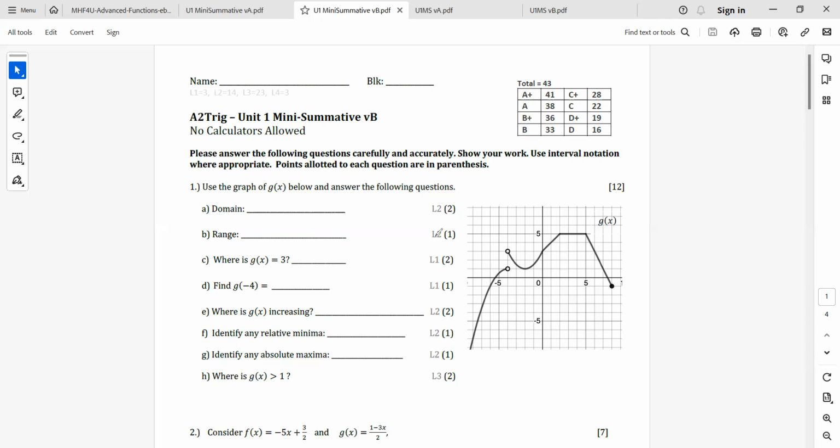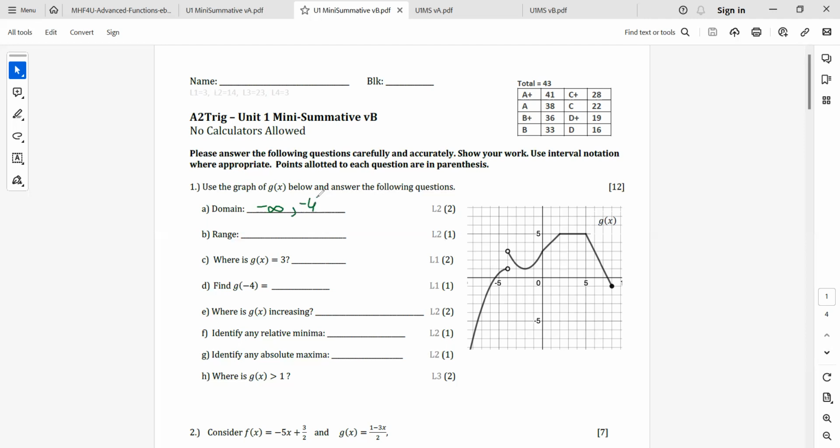So what is the domain of this function? Domain means the x-axis coordinate, the horizontal x coordinate. So it's negative infinity, going over here, and then -4, which is not included.